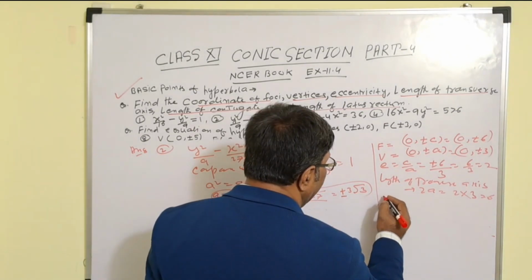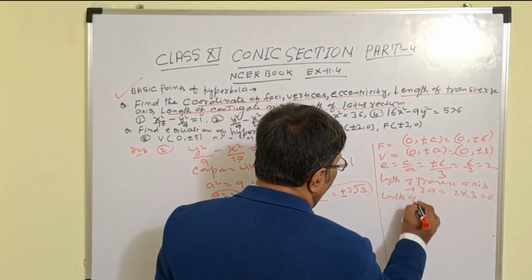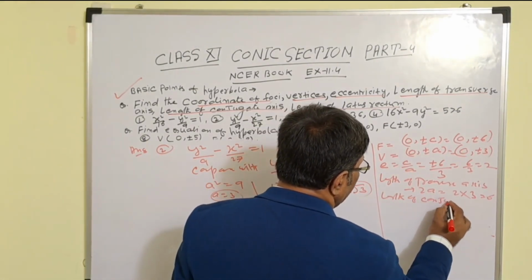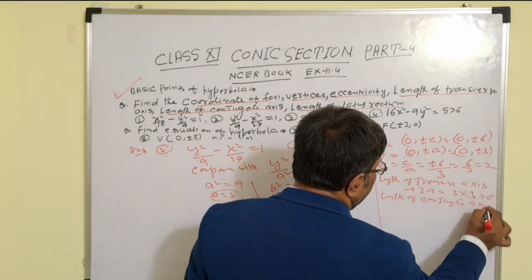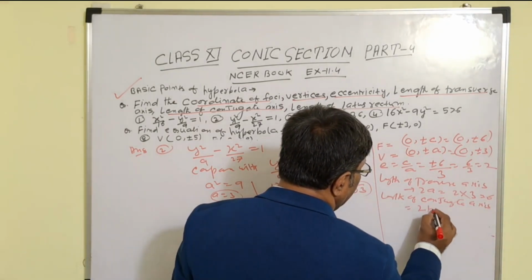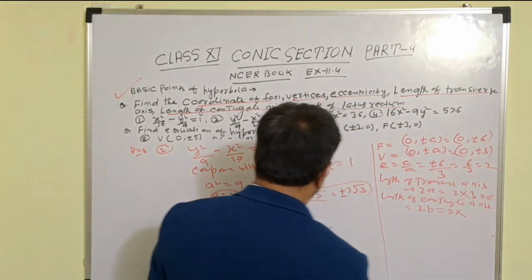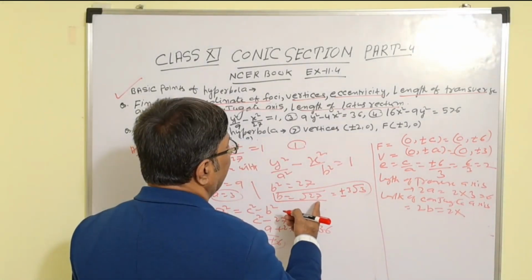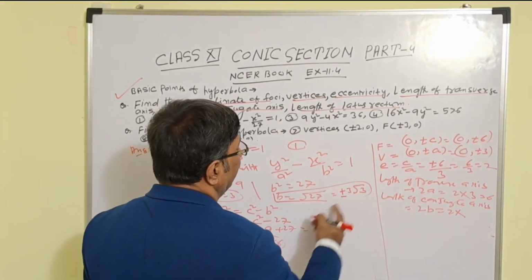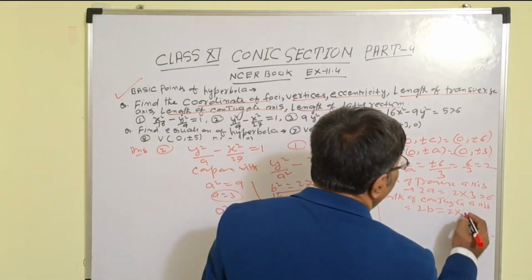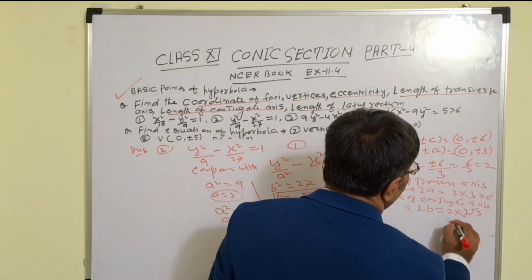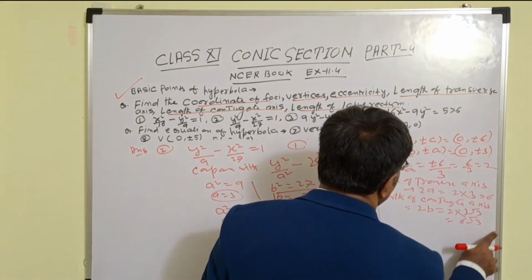In the same way, length of conjugate axis equal to what? That is 2b. So 2 into b is what? Root under 27, or you can say 3 root 3. So 2 into 3 root 3, we can write 6 root 3.